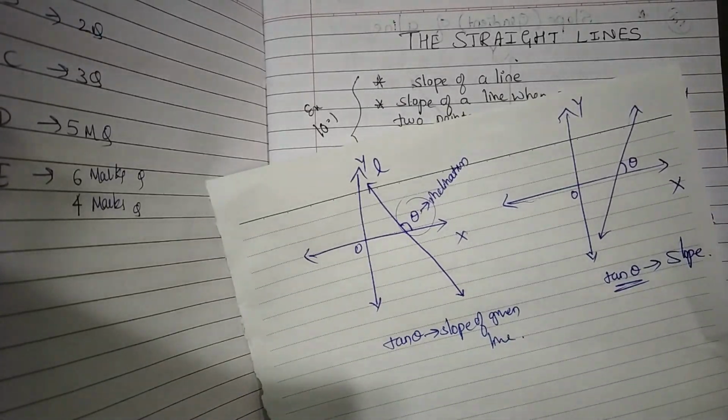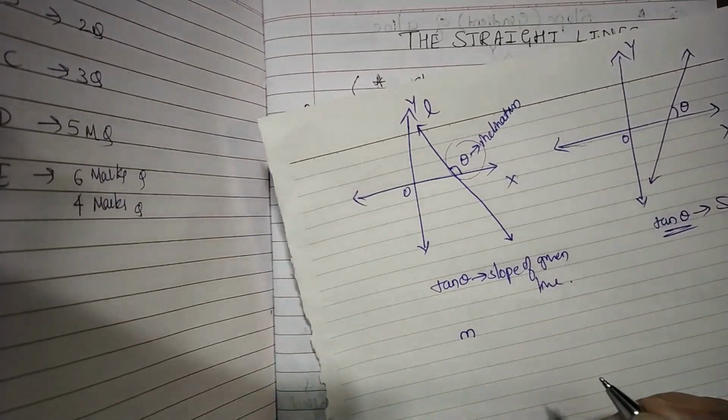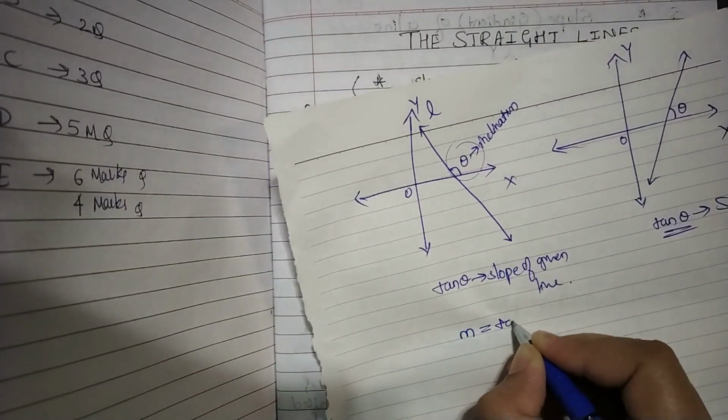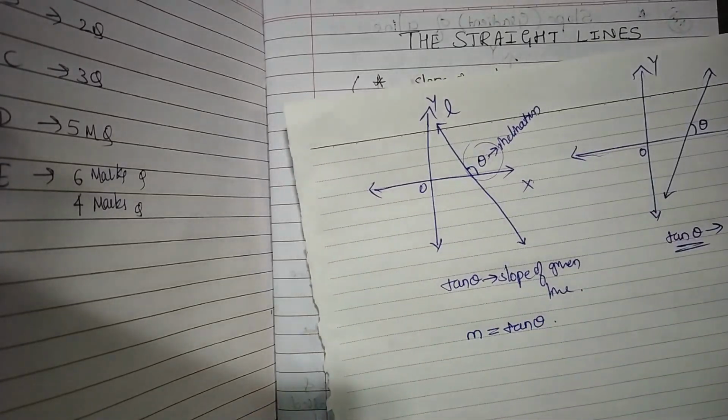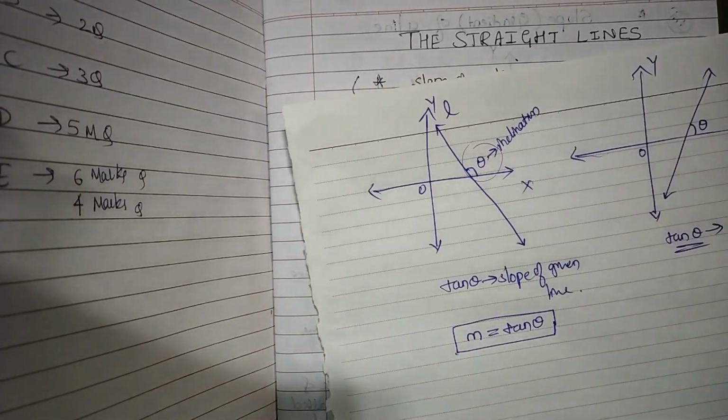Okay, slope of a given line is always denoted by small letter m and is defined as tan theta. m is equal to tan theta is the slope of the given line.